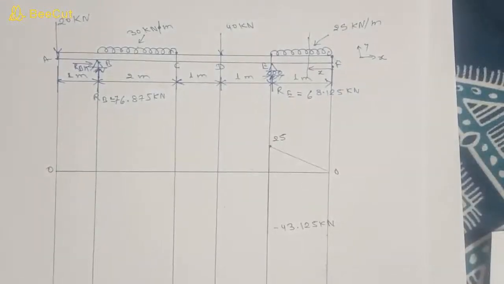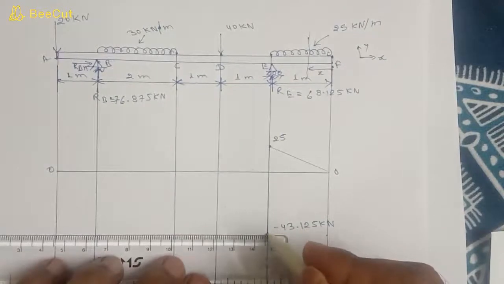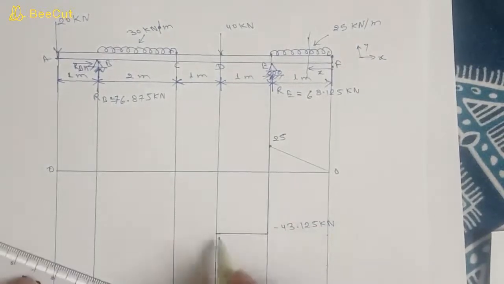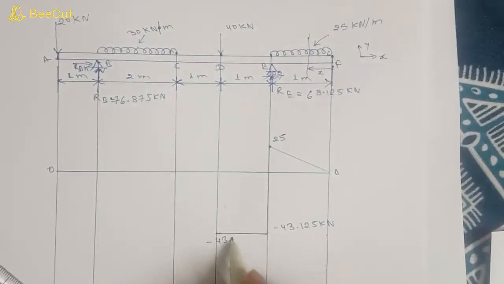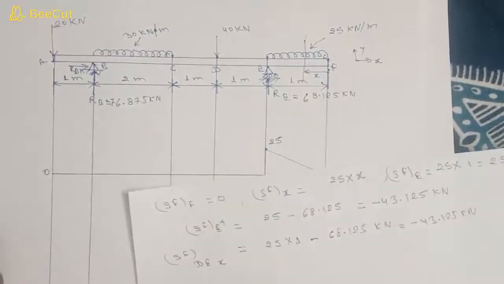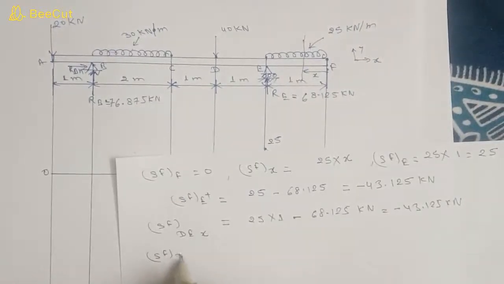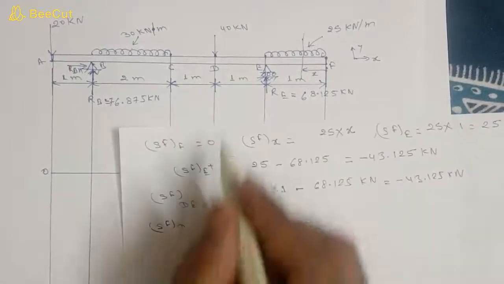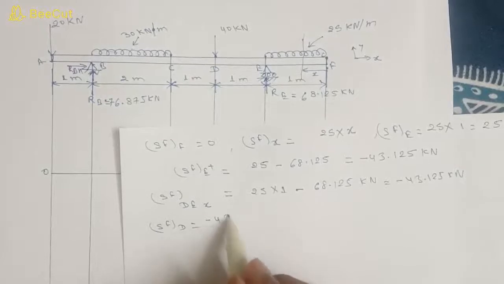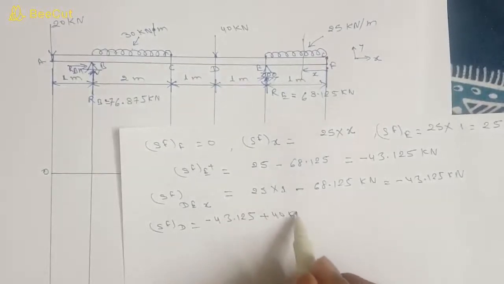If shear force is constant, then it will be rectangular, a straight line. So here we will get minus 43.125 kilonewton. Now at this point D, shear force at point D, this is positive 40 kilonewton, so we will add minus 43.125 plus 40 kilonewton.